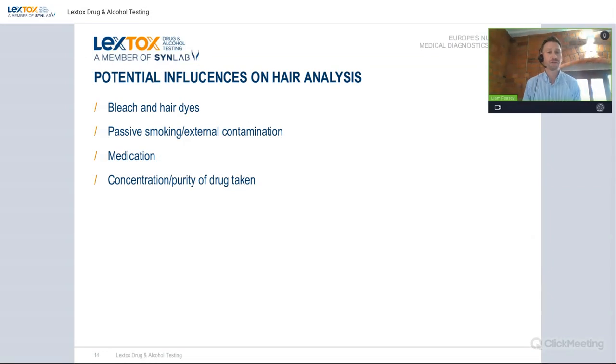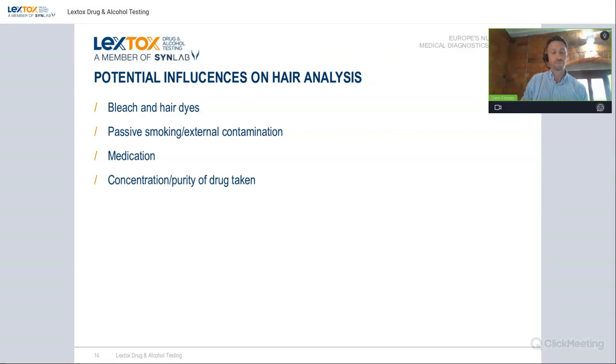Okay, so there are some potential influences on detecting the compounds in hair. The first of all is bleach and hair dye. Any sort of chemical hair treatment that can damage the hair can reduce the level of compounds that would be present in the hair.